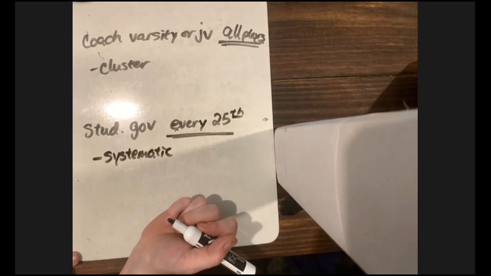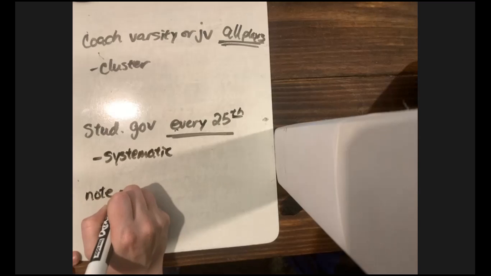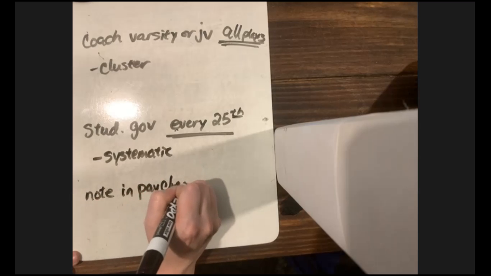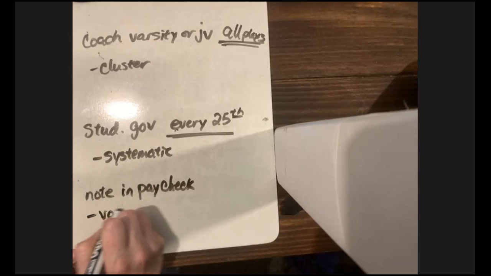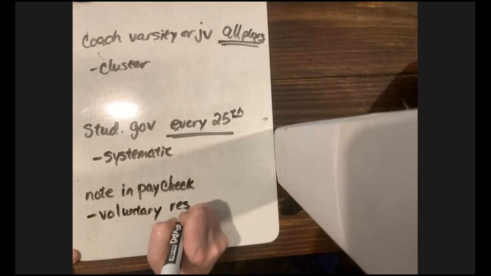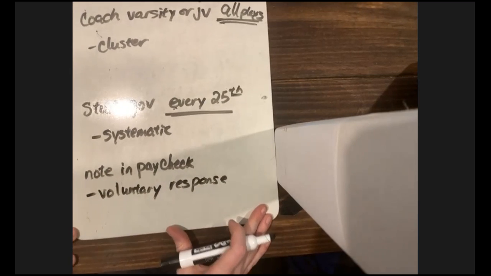Next one is we've got the note in a paycheck asking them to post their opinion on the employee's website. This one is going to be voluntary response because they get to choose whether or not they want to participate in that one.